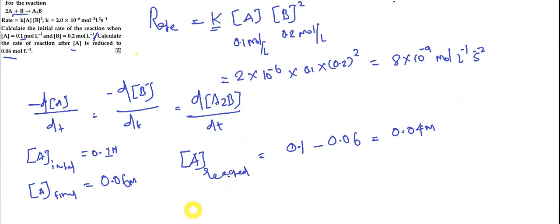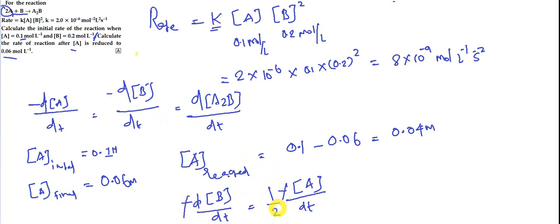Let us work out the concentration of B. Concentration of A we got, so we have to find out the concentration of B. Let us write the equation. Change in concentration of B with respect to time is equal to change in concentration of A with respect to time. Here it is 2A, so it should be written as 1 by 2. The minus and the minus get cancelled.